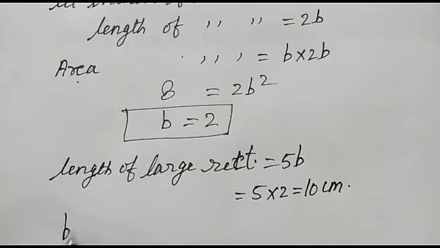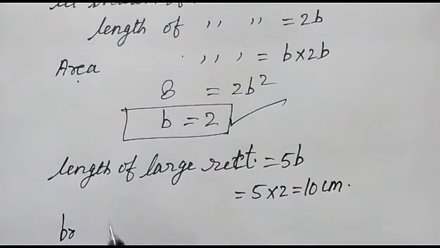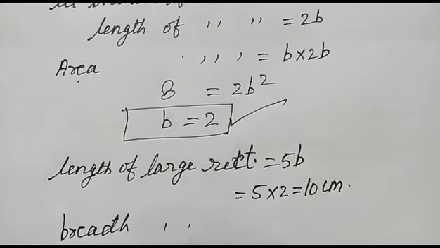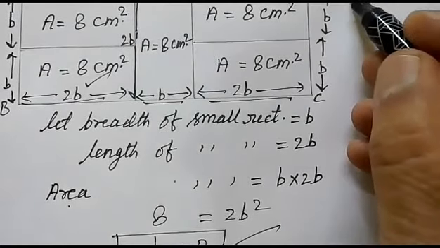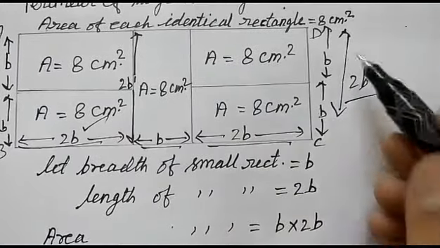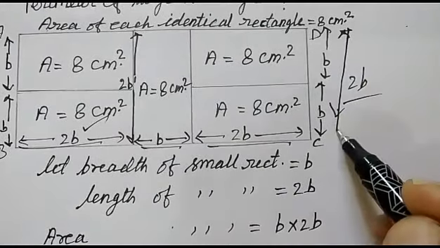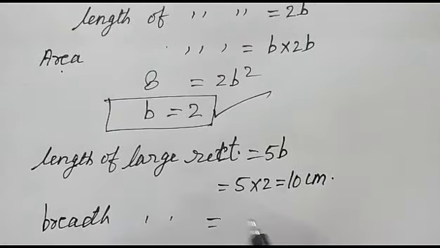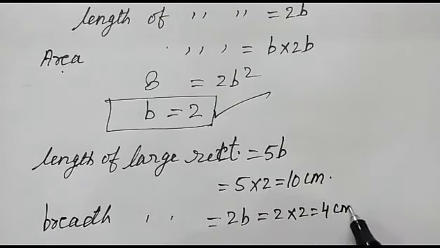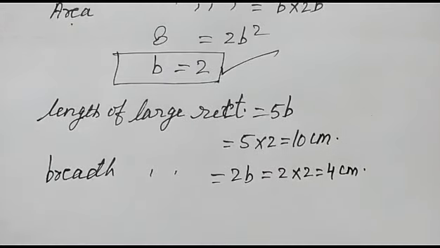And the breadth of the large rectangle will be 2B, right? So 2B is equal to 2 into 2 is equal to 4 centimeter, right?